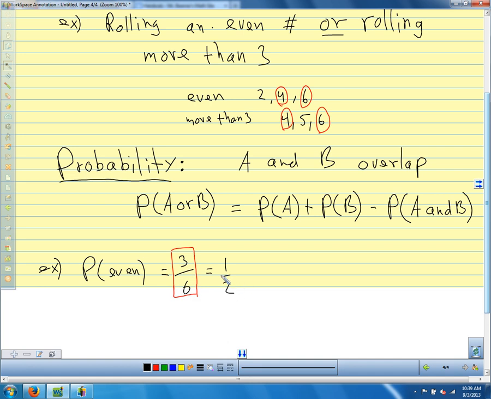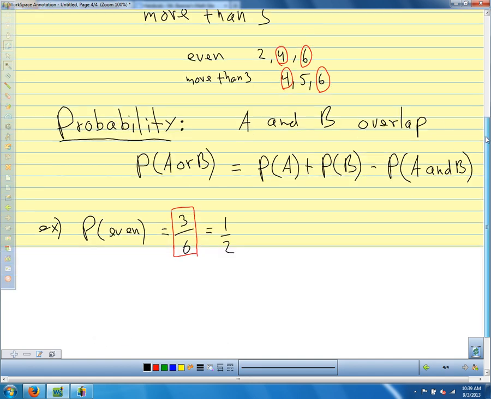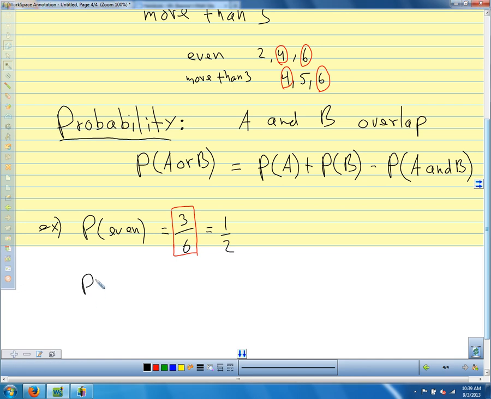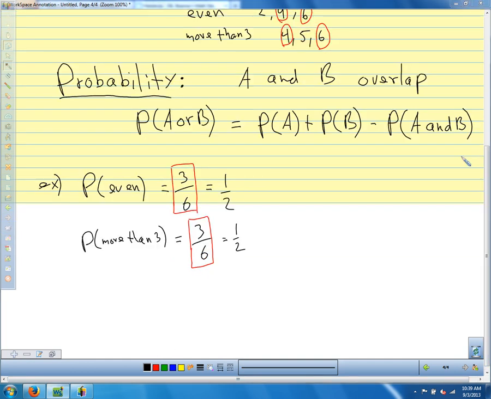We can reduce it, that's fine. It will be fine either way. What's the probability of more than 3? We have 4, 5, and 6, so we have 3. So 3 out of 6, which is also 1/2.